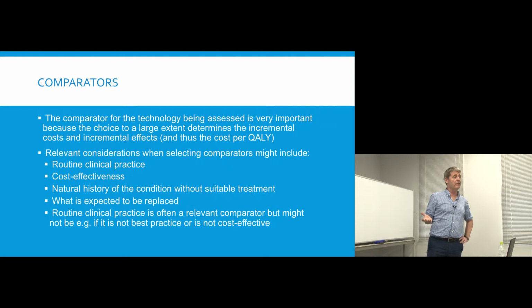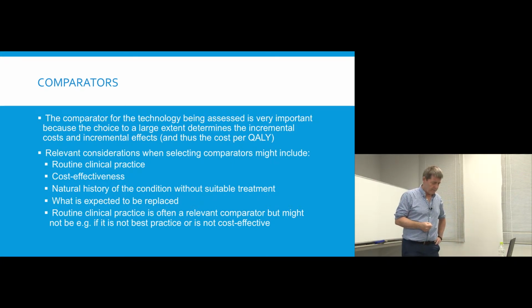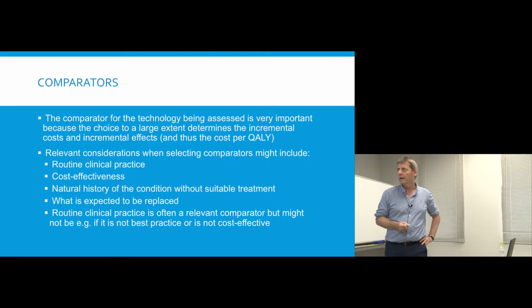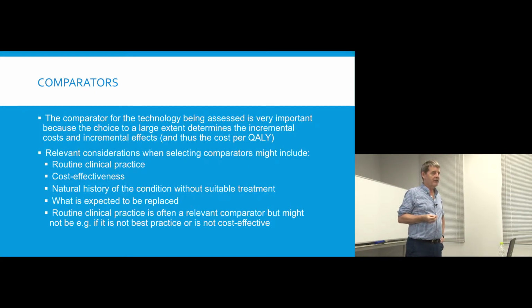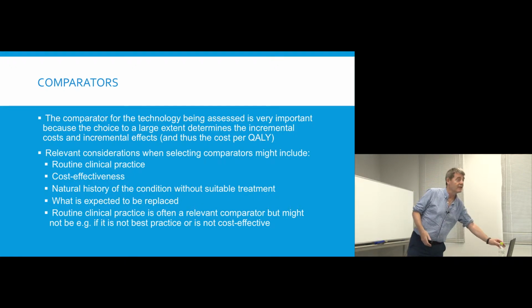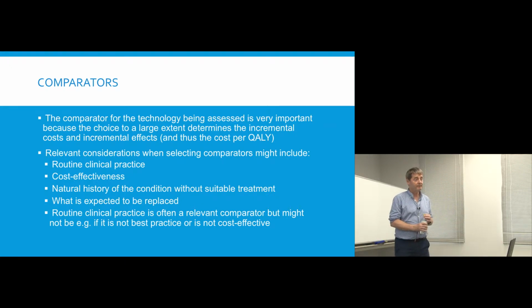Well, let's compare it to what we're currently using or doing for these patients. That sounds very straightforward, but it's not always the case that we know or we can identify routine clinical practice. You think it would be straightforward, but sometimes it depends what part of the country you're in as to what is routine practice. It can vary.